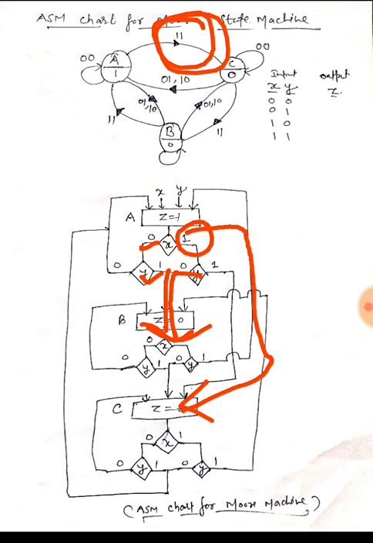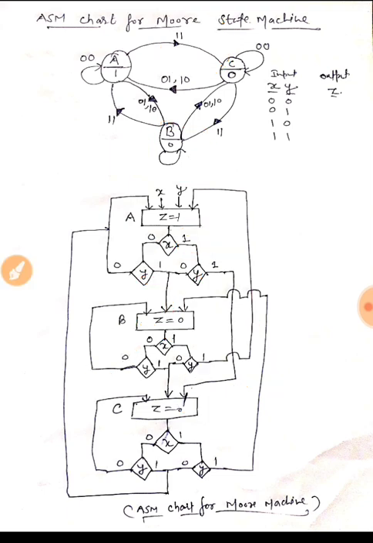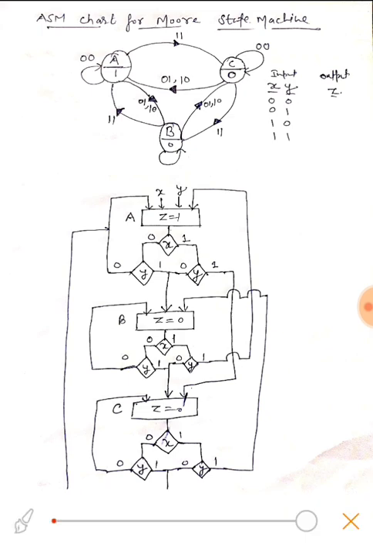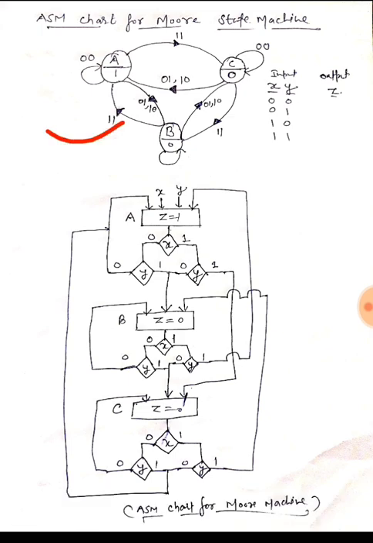Now if it is in state B, here also we have 4 combinations. For x equal to 0, y can be 0 or 1, and for x equal to 1, y can be 0 or 1. So using the state diagram, we can again make the ASM chart.